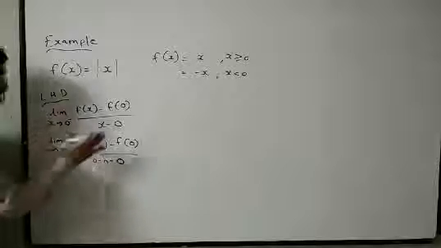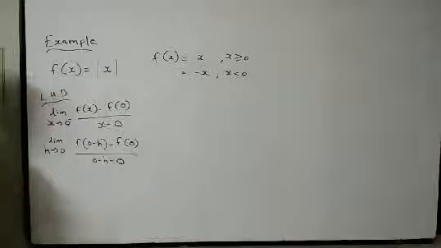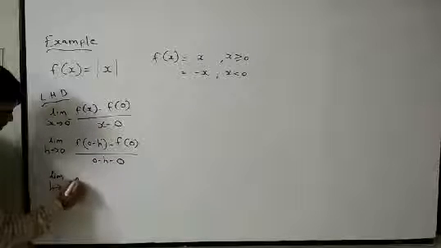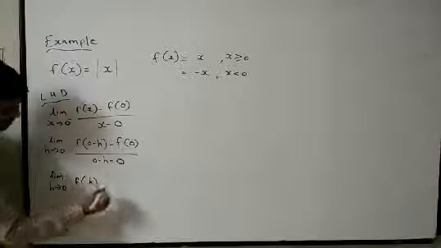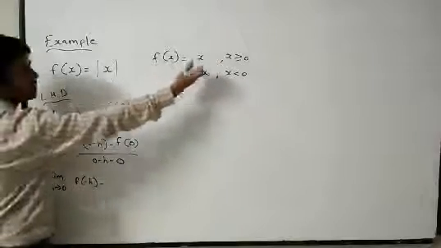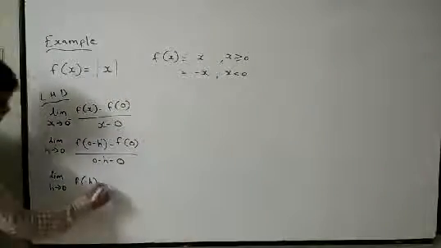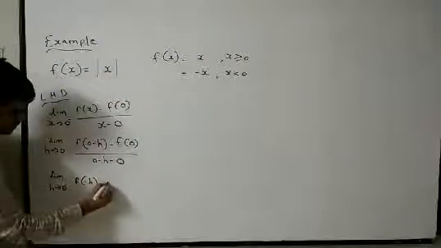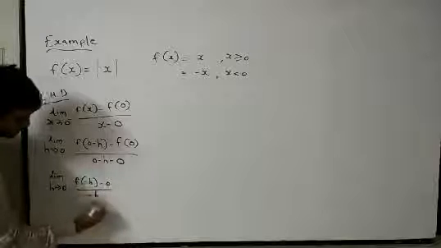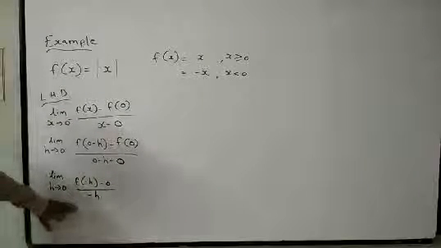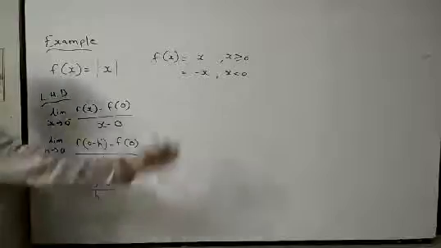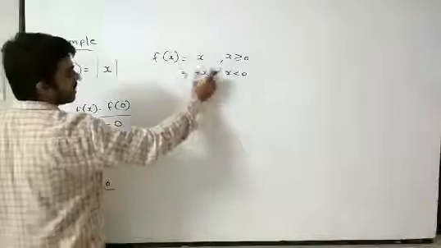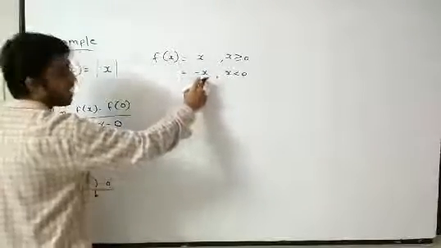In the exam you have to write this in the next step, but I have done it for your understanding. So limit x tends to 0, f of minus x minus f of 0. F of 0 will be 0, because if you put 0 or minus 0, both are the same. Now f of minus x: see, it is the left hand side, so x is less than 0, so wherever x is there you have to put minus x.